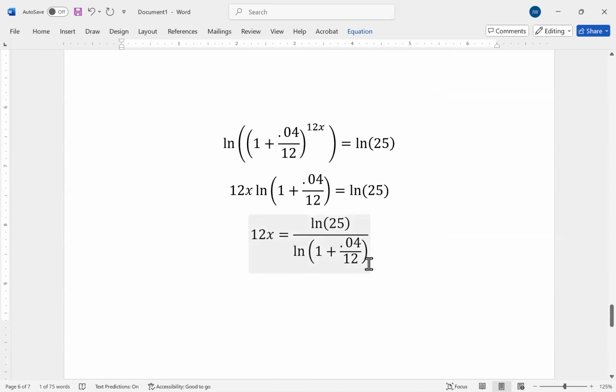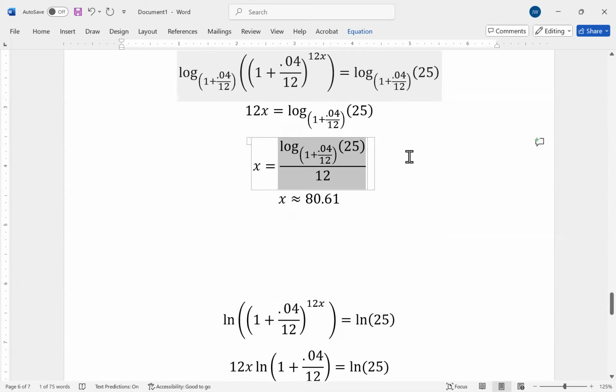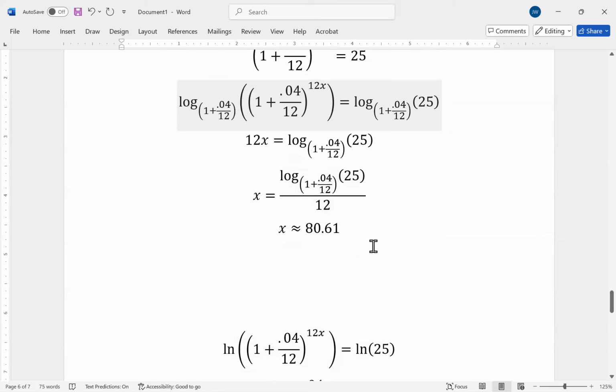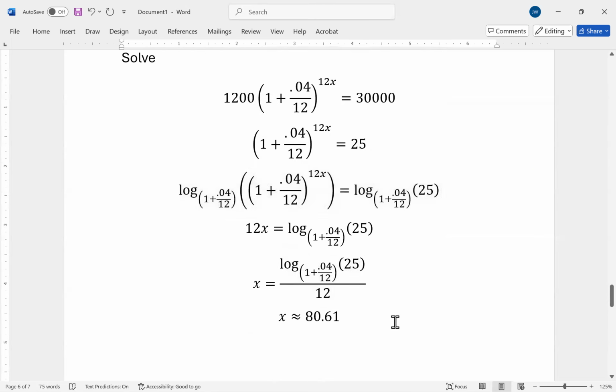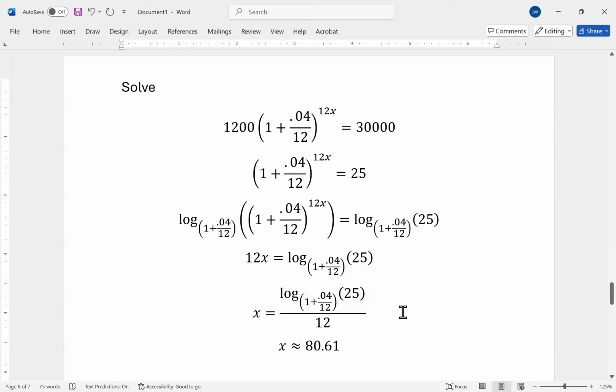And that change of base property is going to give you the exact thing you got when you took a natural log of both sides. Now, I took a natural log of both sides. You could have just as easily taken log base 10 of both sides and got the exact same answer. So there's multiple options that we can use to solve these exponential equations.